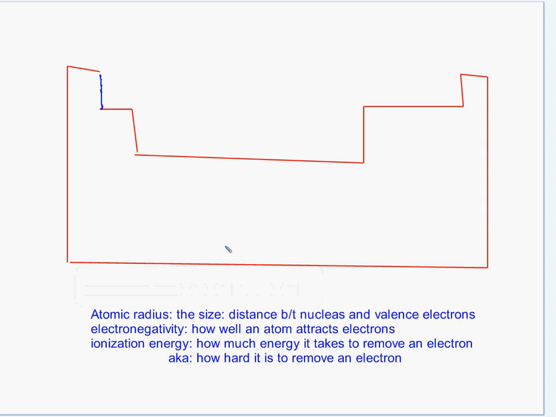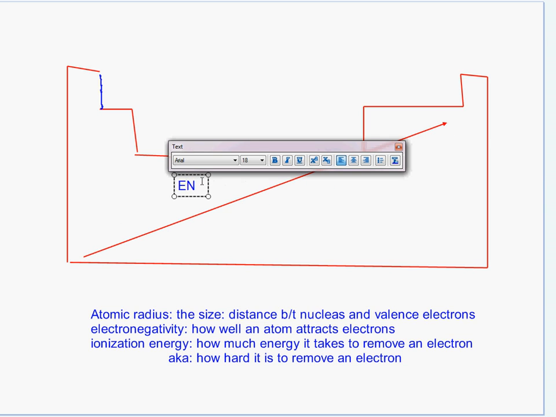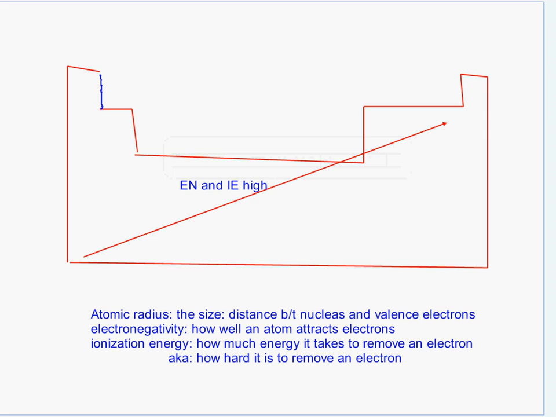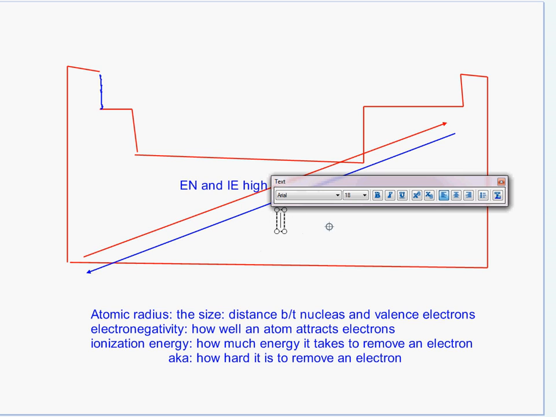Okay, so I remember when you go up and to the right, that's where electronegativity and ionization energy is high. And then if you go down and to the left, that's when the atomic radius is high.